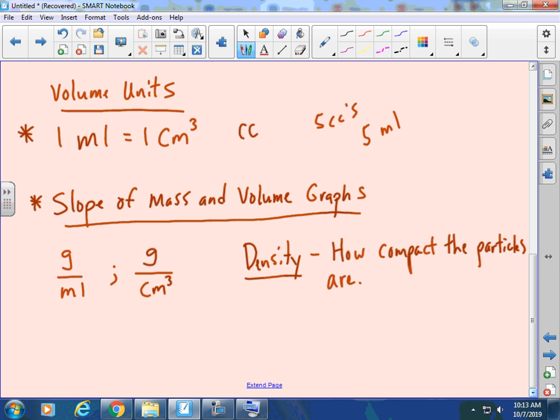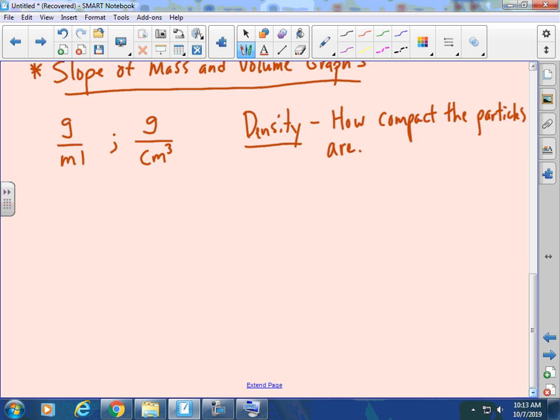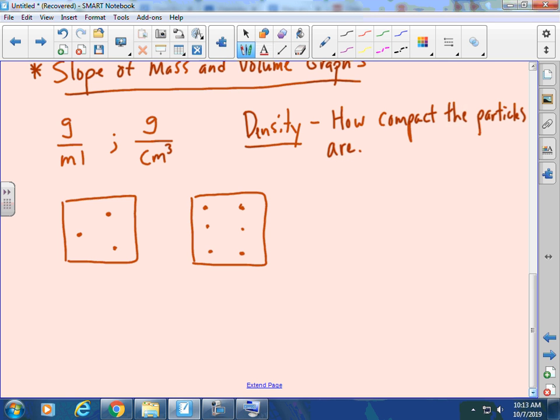What that tells me is that small object with its small volume has a lot of particles in there. Okay, so if I was to draw these, I'll draw two objects that are the same volume. Pretend these cubes are the same size. But if I had one that just had like 3 particles in it, compared to one that has 6 particles, this would be more dense.